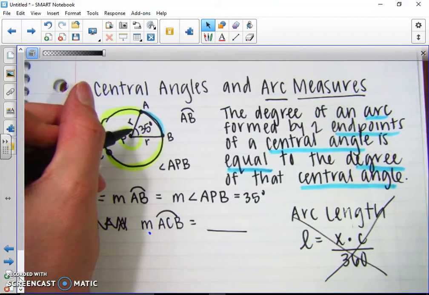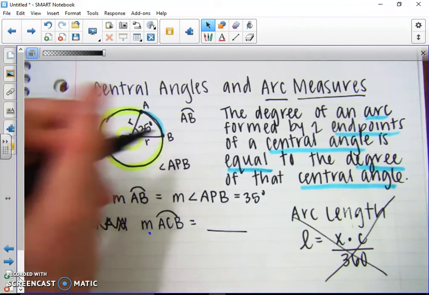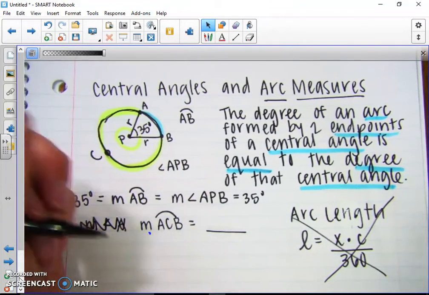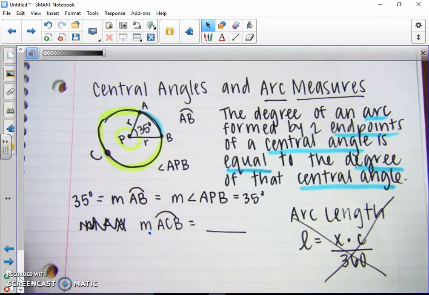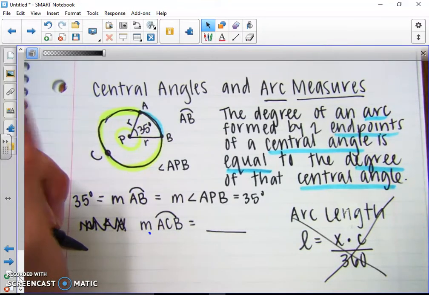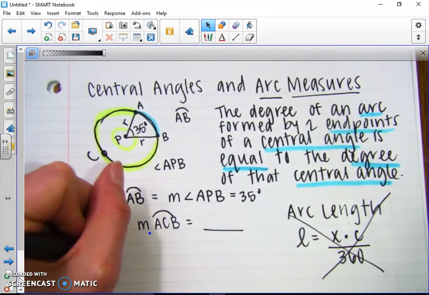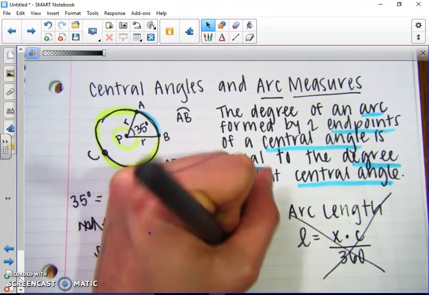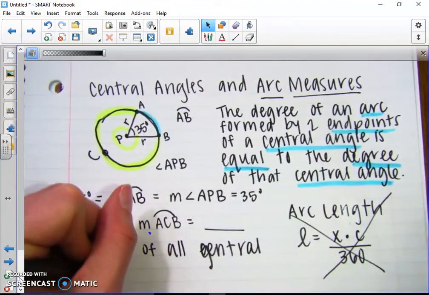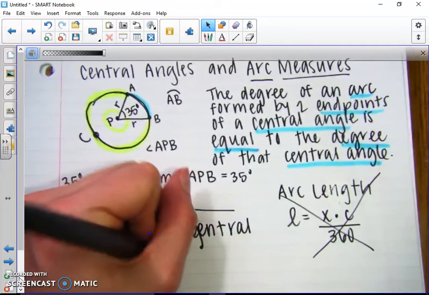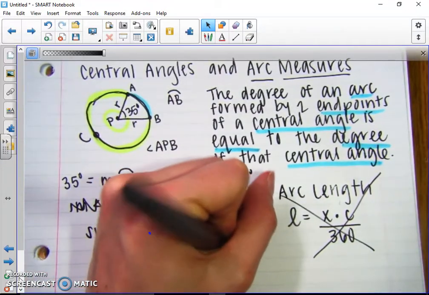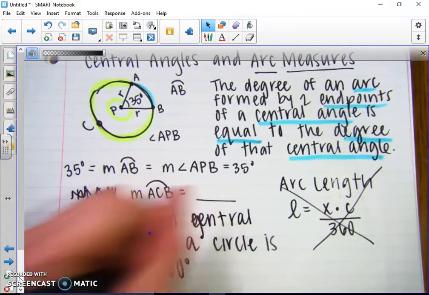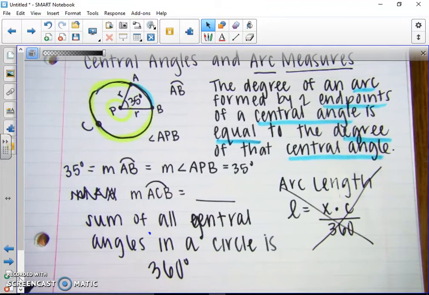So how could we find the measure of this arc, ACB, if this little piece of the pie is 35? Well, what's the sum of all central angles in a circle? The sum of all central angles is 360 degrees.